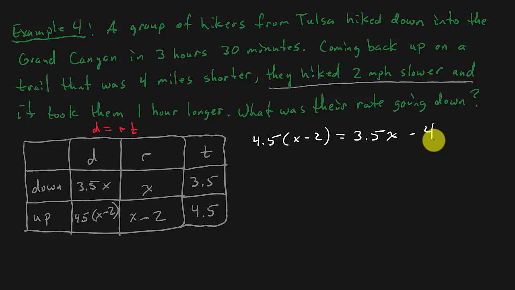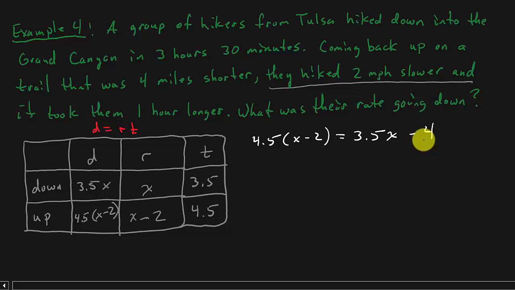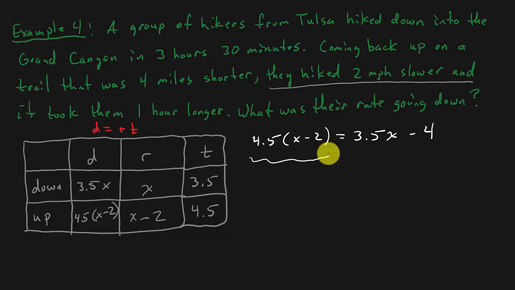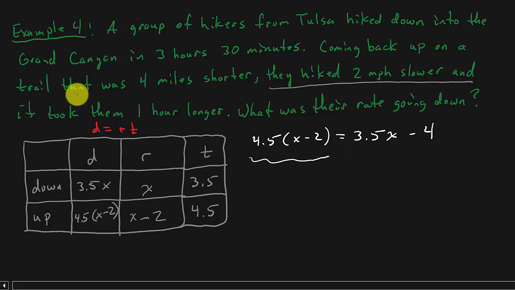And the question you get all the time, well, why did you subtract 4 over here? Because it says this distance is 4 miles shorter, right? That's what it says in the problem. That the distance back up, it was 4 miles shorter. Well, let's look at that. These two are not equal, right? They're not equal.